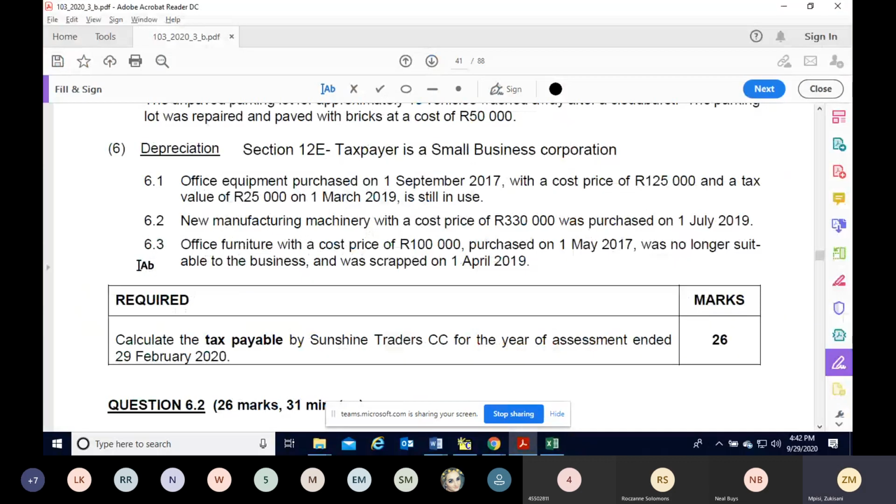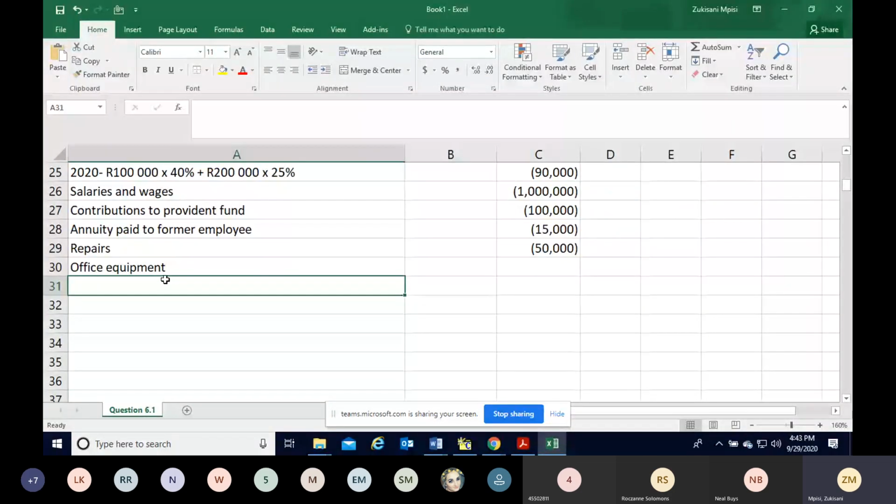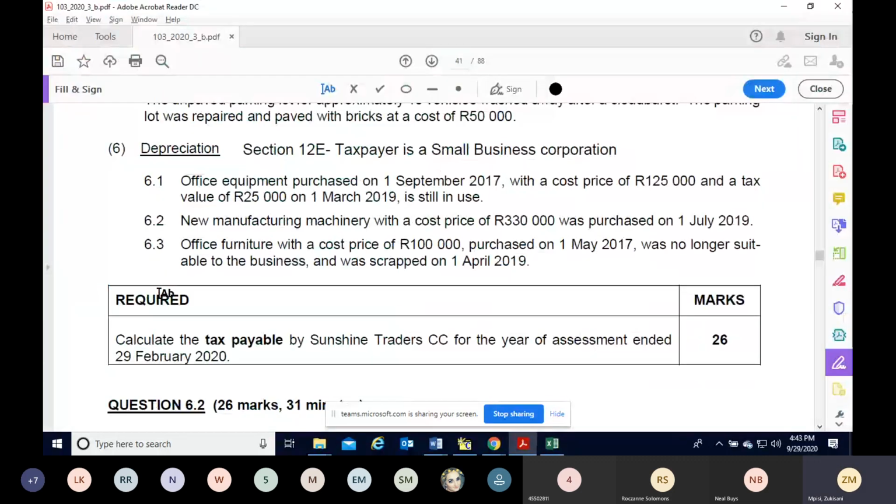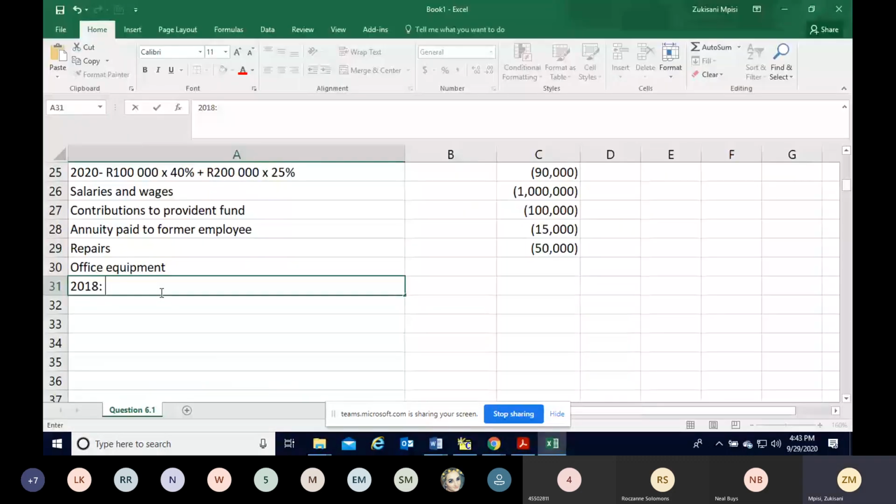So section 12E says non-manufacturing assets are depreciated over 3 years, 50%, 30%, and 20%. So in this particular instance, this asset was bought on the 1st of September 2017. So this simply means that you would have had 2018. What was the cost? 125,000.